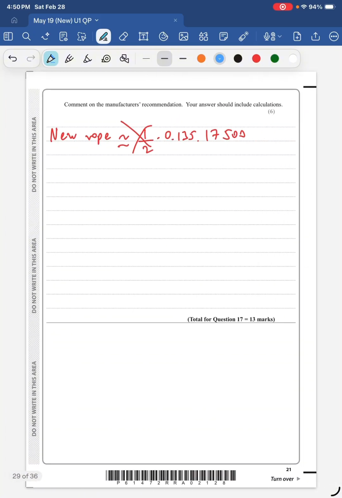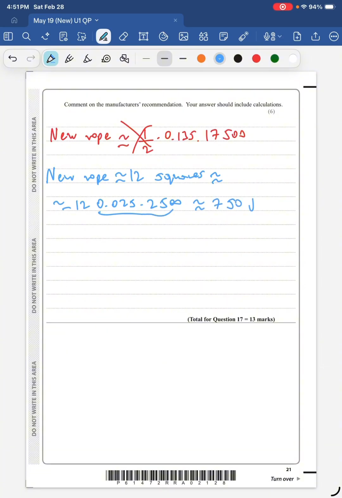So let's say that for the new rope, we have about 12 squares, which is approximately equal to 12 times 0.0025 times 2,500, and this is the area of the small square. Okay, so that's about 750 joules.